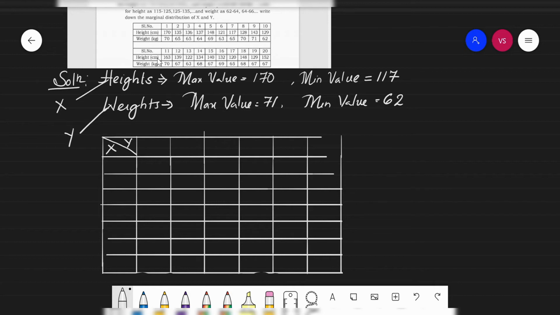They said the columns should be like this, students. The heights should be in this way. It should start from 115 to 125. Okay, so they said this.